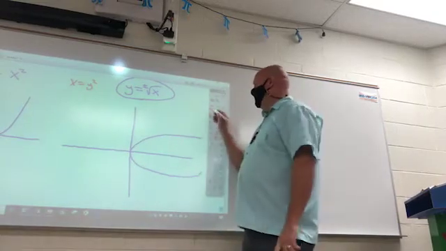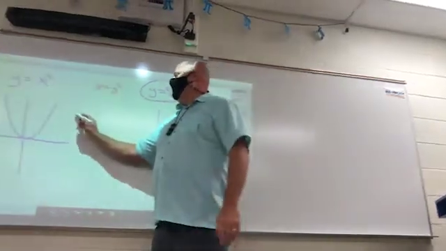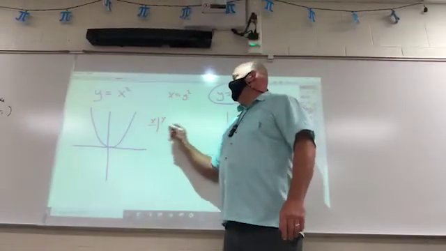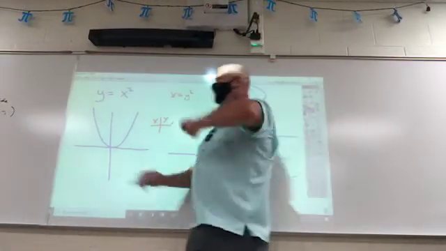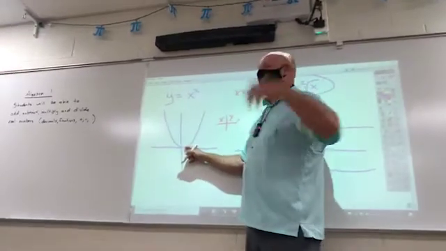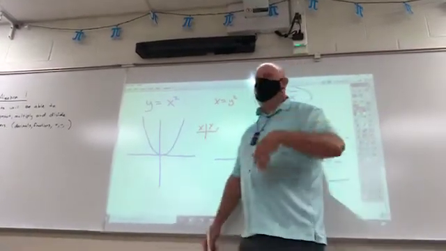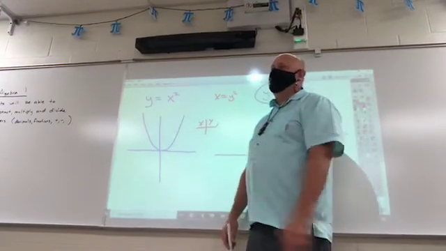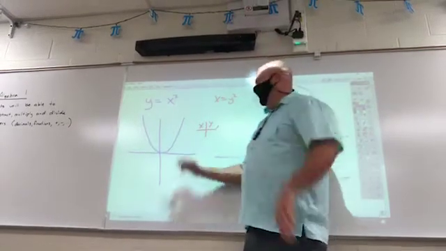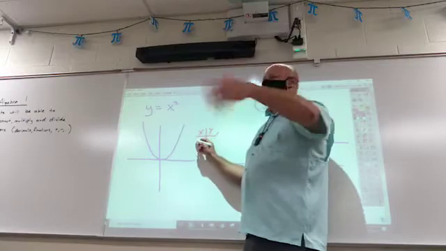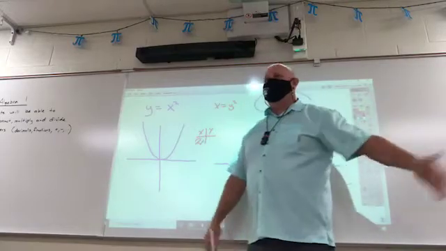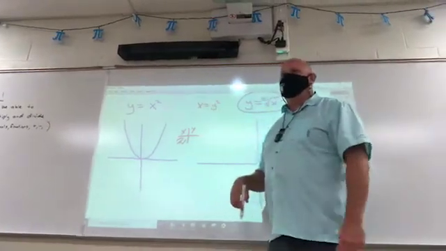I can prove that to you. Plot one point. Give me a point that's on this graph. Plug in a number that you're going to square. 1. Give me an easier number. 5. 3. Whatever. We'll go 2, so it's going to be on the graph. 2 squared is 4.